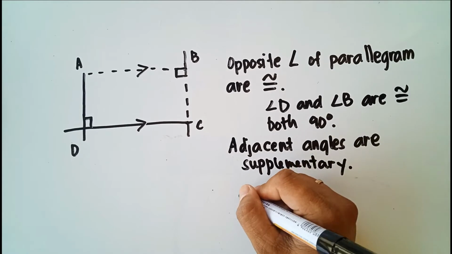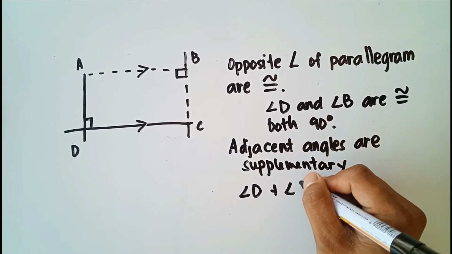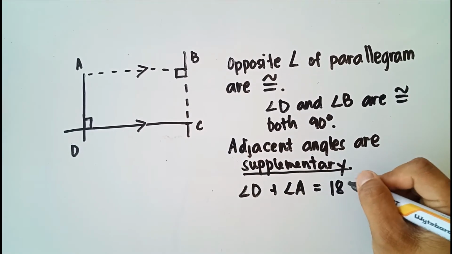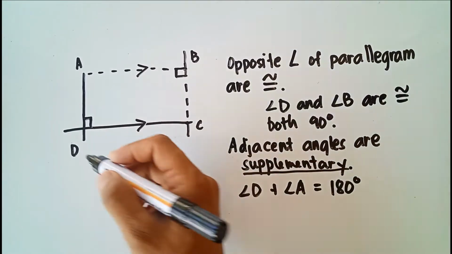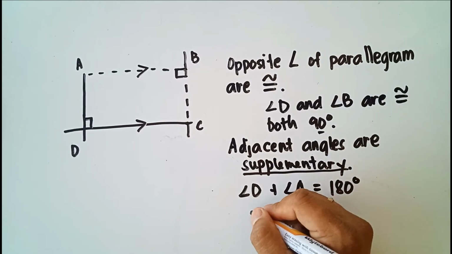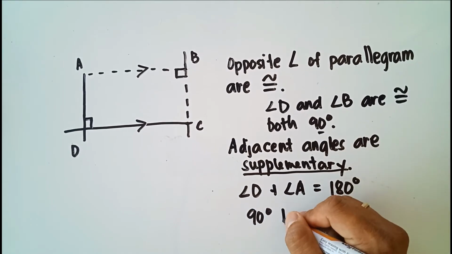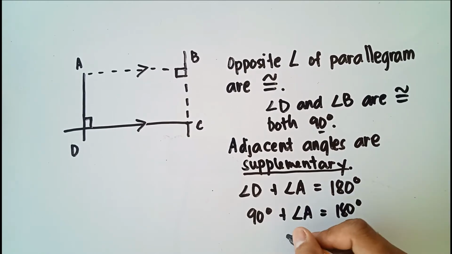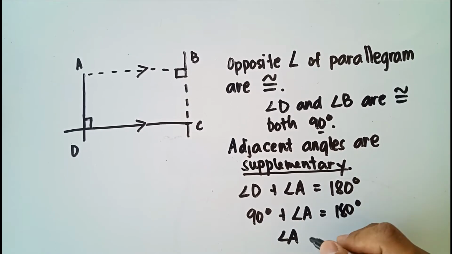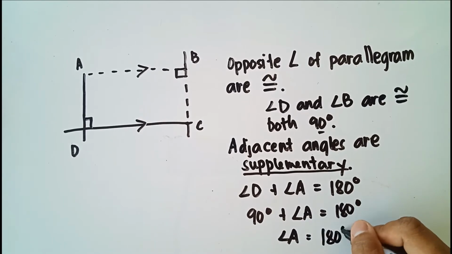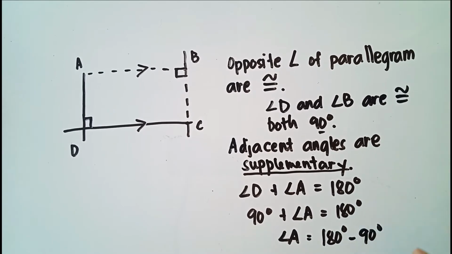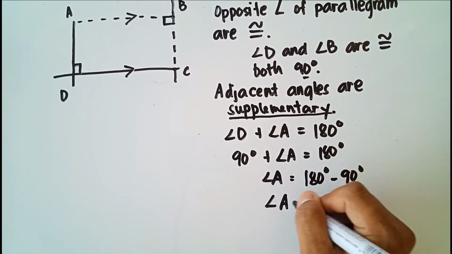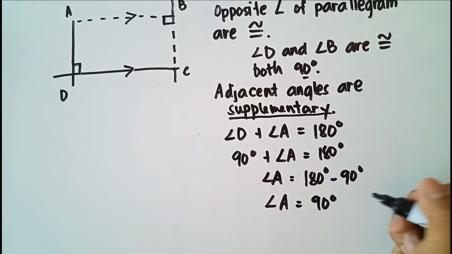So, if we add angle D plus angle A is equal to supplementary, meaning 180 degrees. So, if angle D is 90 degrees, then 90 degrees plus angle A equals 180 degrees. So, angle A is equal to 180 degrees minus 90 degrees. So, we will have angle A is equal to 90 degrees.